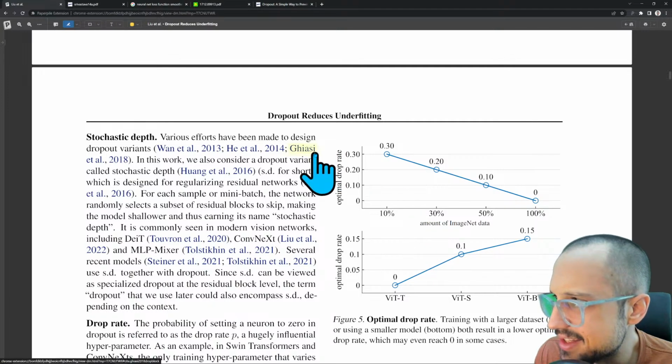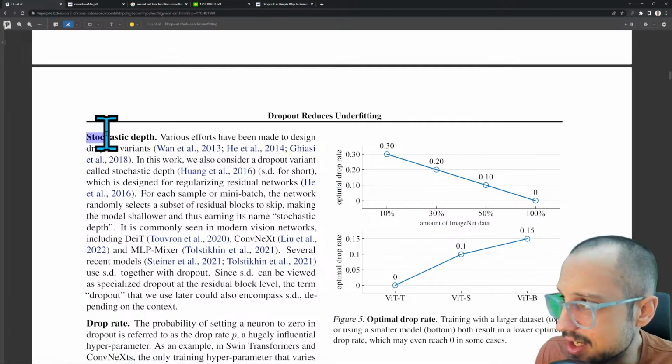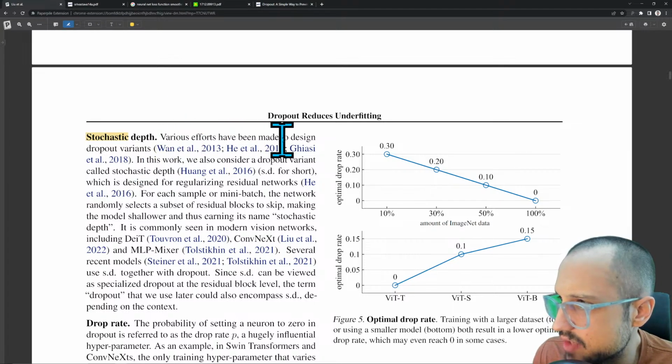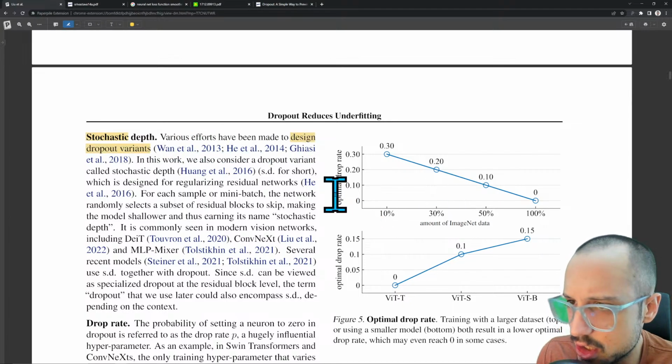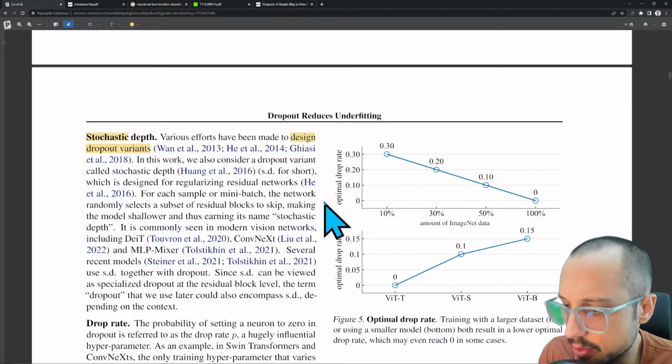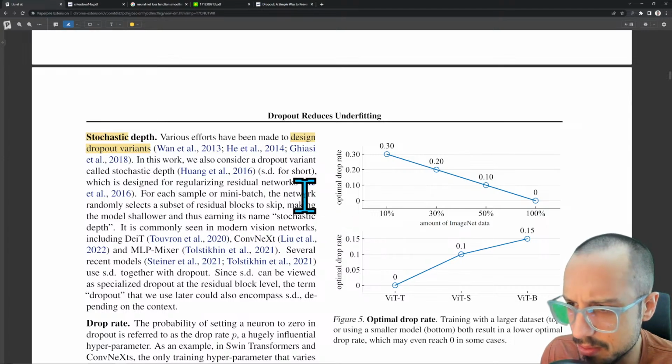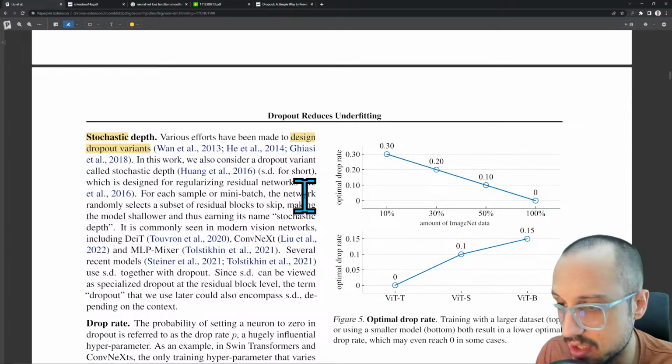Okay, stochastic depth. Stochastic is again just a fancy word for random. Various efforts have been made to design dropout variants. With any deep learning architecture or trick, as soon as you push it out and get some success, a whole squad of academic researchers will try to figure out some little change or variant of your technique and test it out.